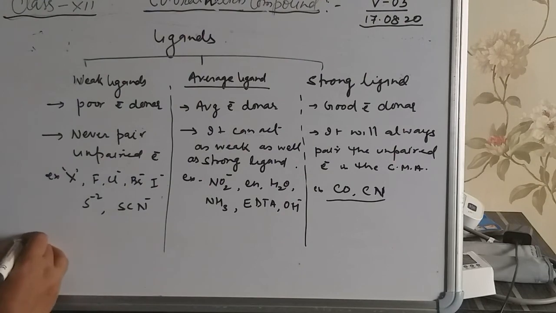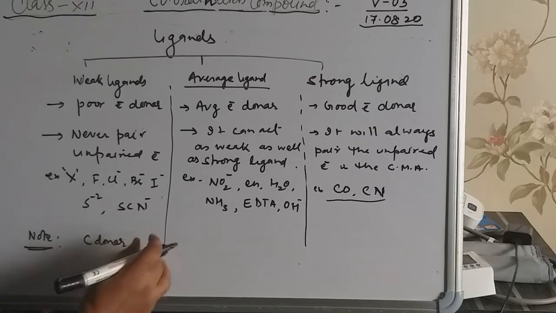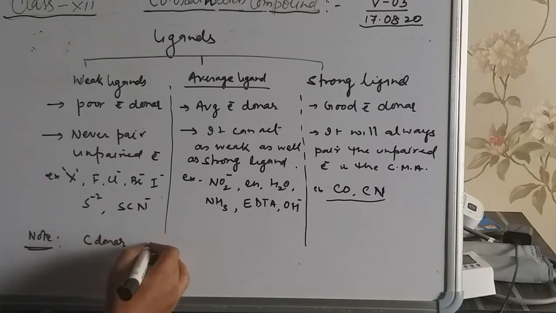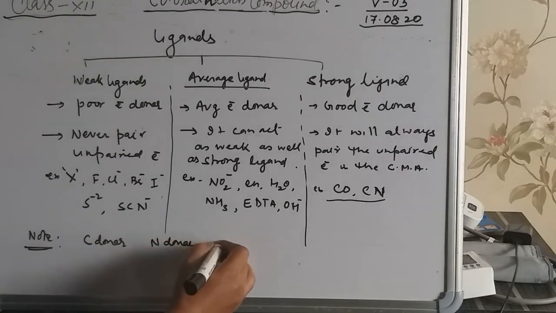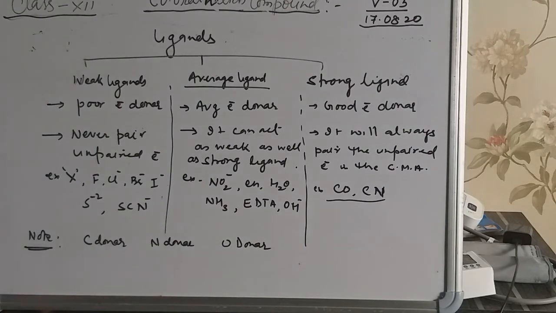So here note down one point. If carbon donor, nitrogen donor and oxygen donor, three donors are given to you, how can you decide which one will be the stronger donor? Simply, less electronegativity, more the tendency to donate electron.